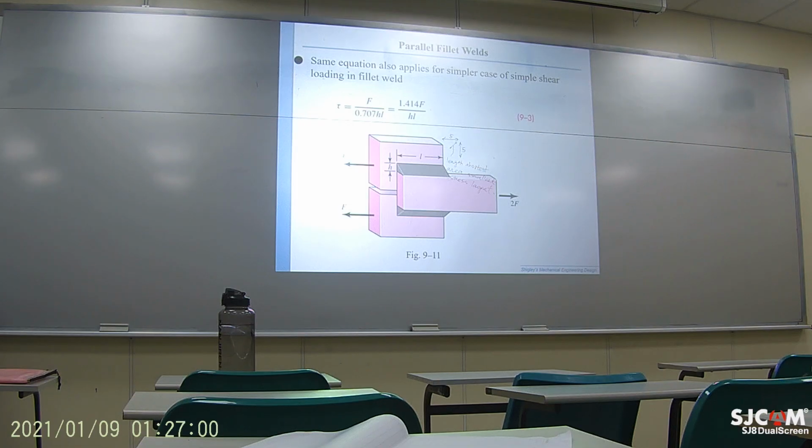Now, for this particular problem, you can see that because you now here have this triangular shape, so the shearing force is not only F over HL, it's actually with this pre-multiplier at the bottom due to the throat dimension. Okay.